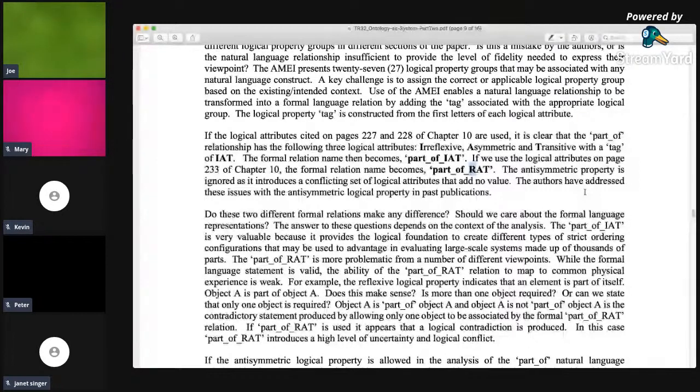So when we say it's asymmetric, that means the wheel is part of the wheel, and a wheel is not part of the wheel, because that's what asymmetric means. So there's a lot of uncertainty introduced when communicating what that means, and it's not addressed. So if they actually meant that it was reflexive, asymmetric, and transitive, it's not clear what impact that has in interpreting in reality.